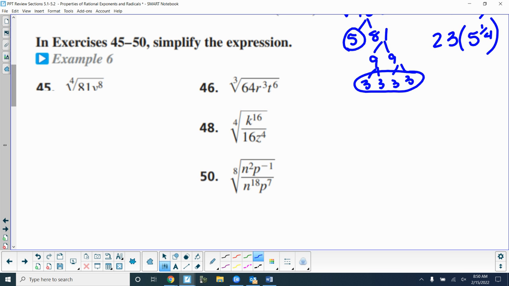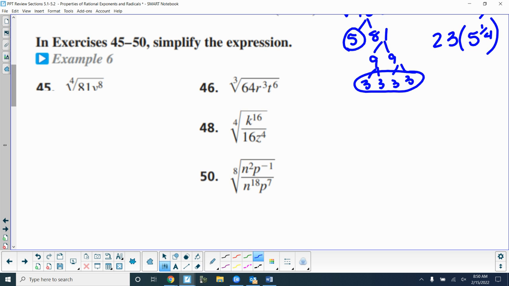50? Okay. What I like to do first, since they're both under the radical sign, I try to simplify those first. So the first thing I notice is I have a negative 1 for an exponent. How do we make it a positive 1? Yeah. So from the top it goes to the bottom.